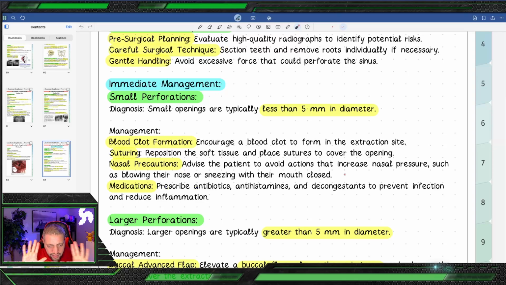But usually the regular management is to assume it's small, unless the question tells you it's a big communication. So we assume a small communication. In this one, figure of 8 suture is better, blood clot formation, nasal precaution, and medication for our patient.